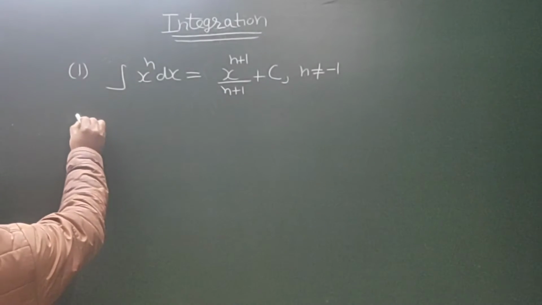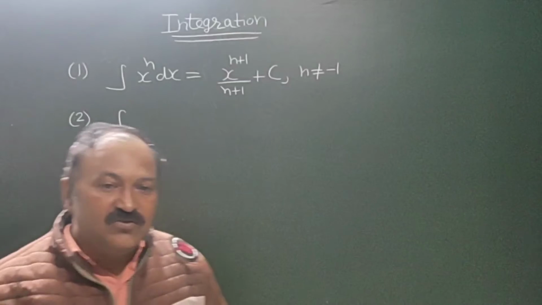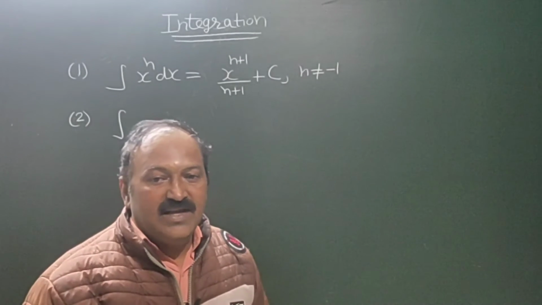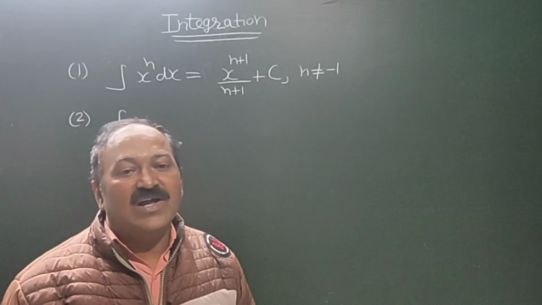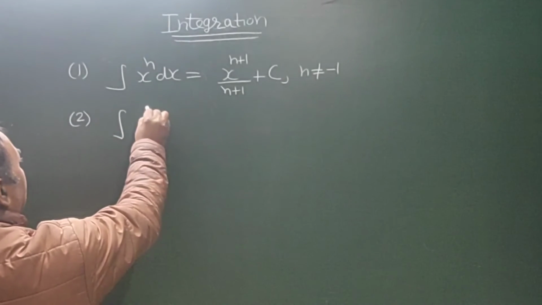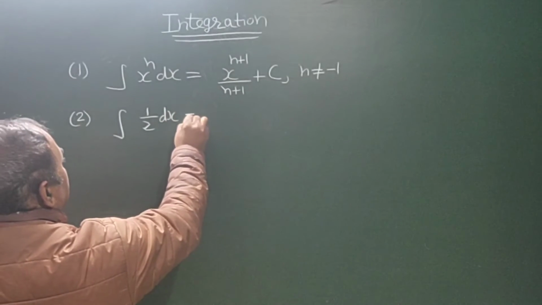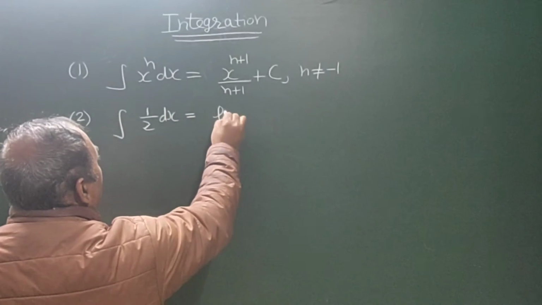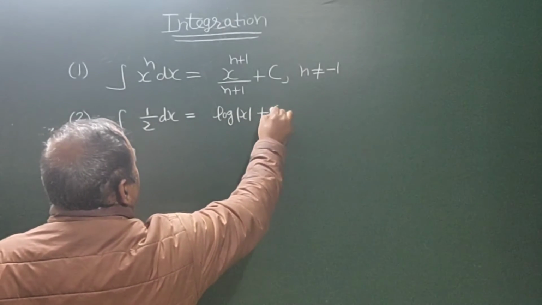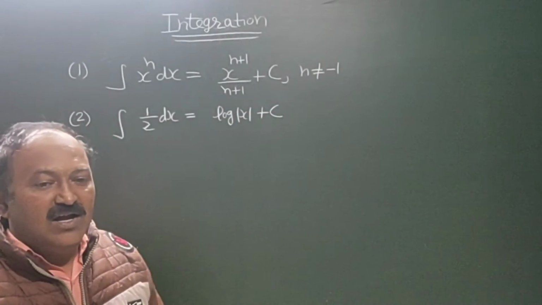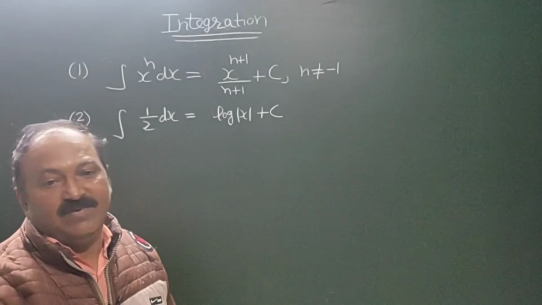The second formula is, if n is equal to -1, then this question becomes integration of 1 upon x into dx is equal to log of x modulus plus c. This is the formula of the integration when n is equal to -1.